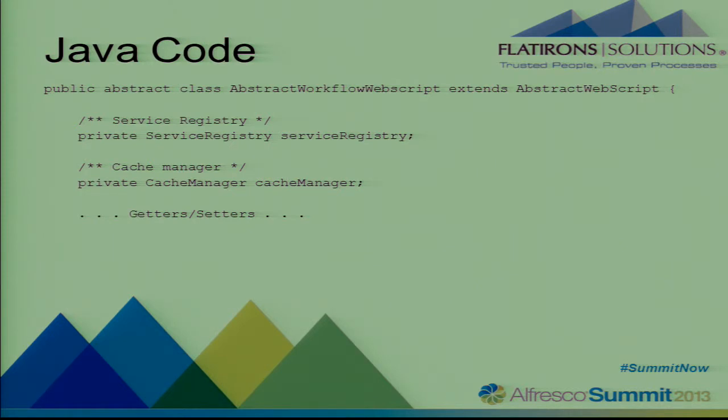And then in order to help ourselves with the performance of this, we went ahead and cached some of the information. A lot of the workflow information is quite static. So we can cache that, set a reasonable lifetime, and we just use the cache which comes with Alfresco. The rest of the code for this abstract class is just the getters and setters for that.